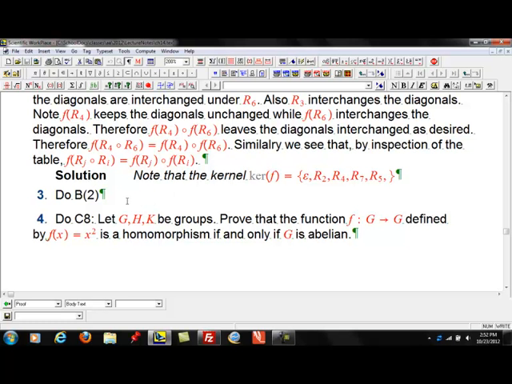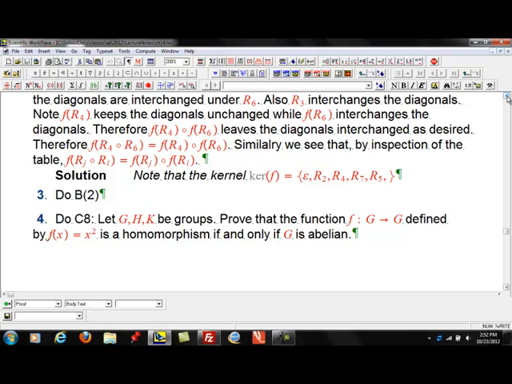What are you looking for when you're finding a graph? F has two mappings. It takes diagonal 1 to itself and diagonal 2 to itself, which is the identity mapping for F. The other mapping takes diagonal 1 to diagonal 2 and diagonal 2 to diagonal 1.